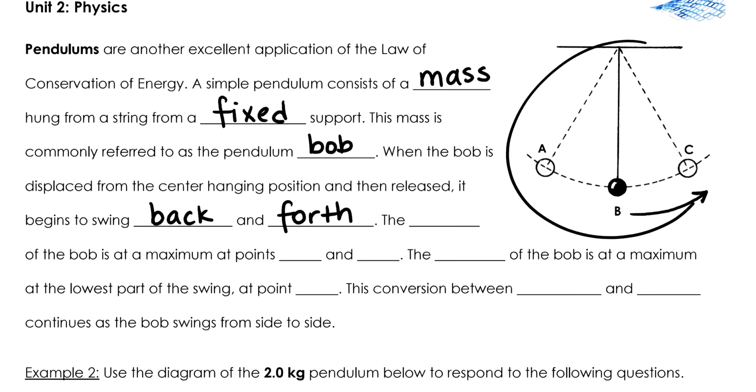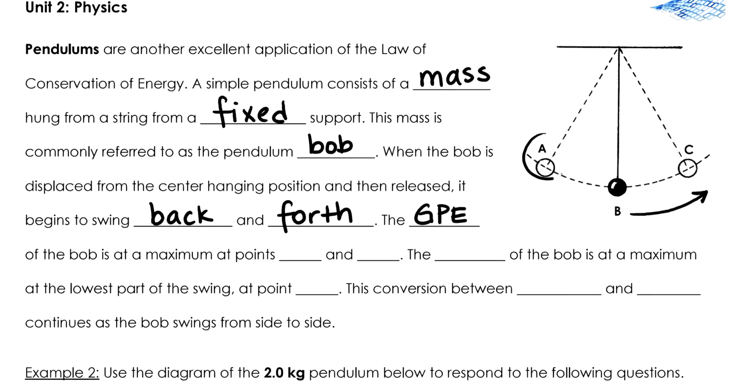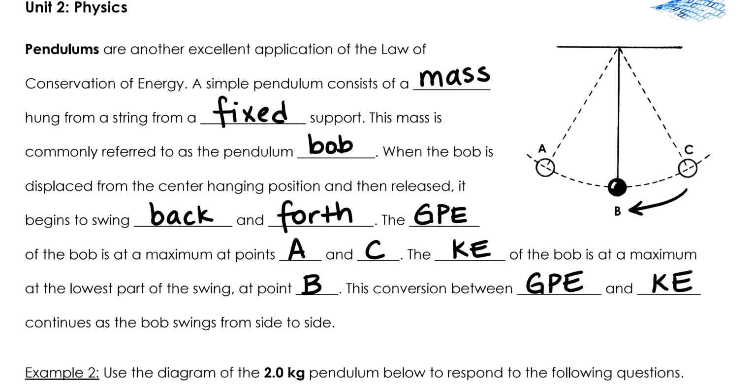In this diagram here, the gravitational potential energy of the pendulum bob is at a maximum at points A and C, whereas the kinetic energy of the bob reaches a maximum at the lowest point of the swing, or point B. This conversion between gravitational potential energy and kinetic energy continues as the pendulum bob swings from side to side.